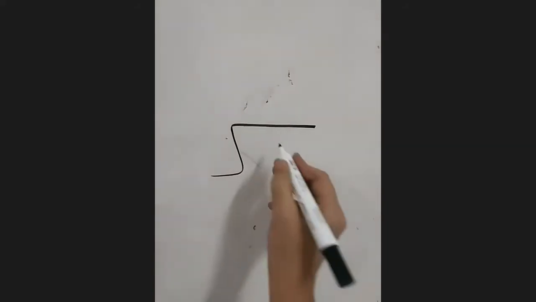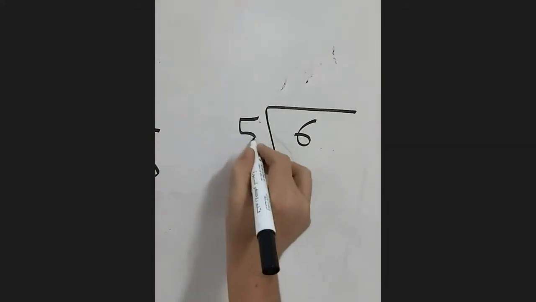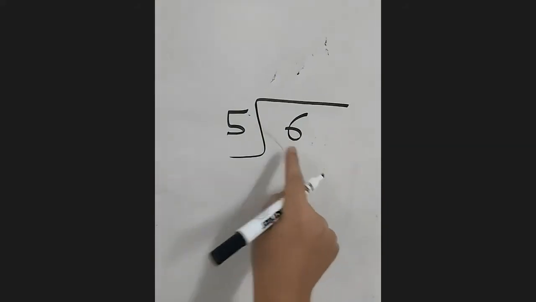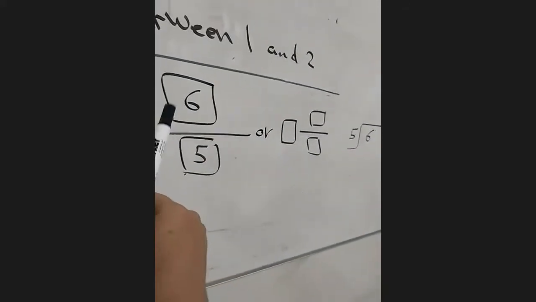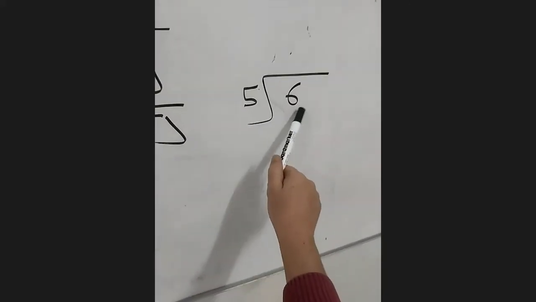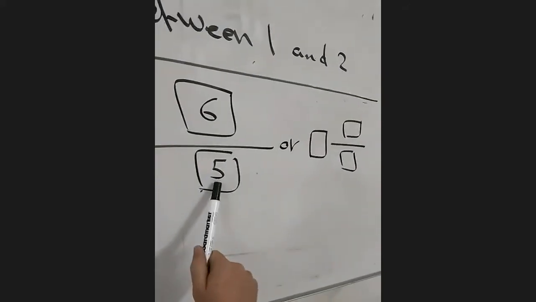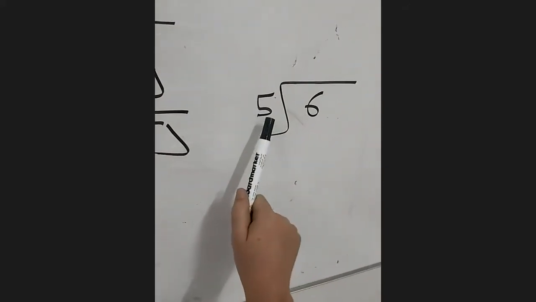We make it 6 divided by 5, not 5 divided by 6. The upper number always goes inside the division, the dividend. The lower number is the divisor.